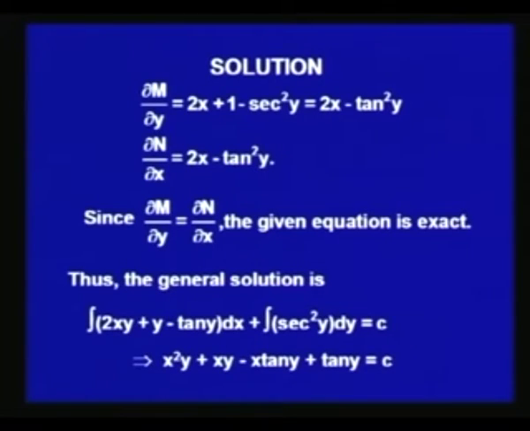In the first integral, we integrate with respect to x, keeping y as a constant, which will give us x square y plus xy minus x 10y, and then the second integral sec square y dy gives us 10y. So, we get the general solution as x square y plus xy minus x 10y plus 10y equal to c.